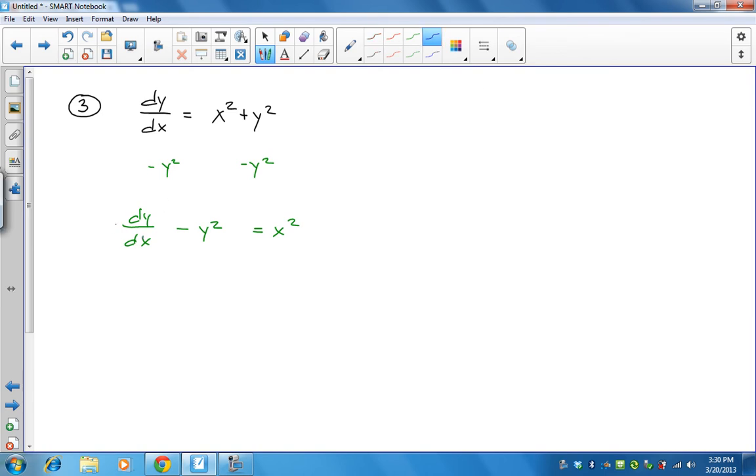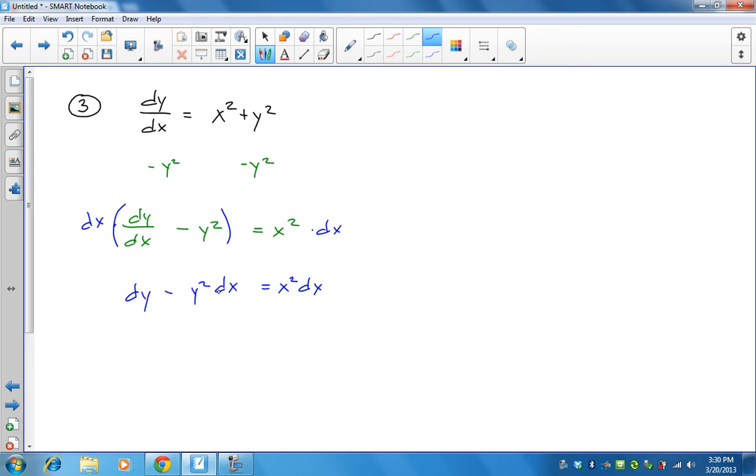If I tried to multiply by dx right now, that would give me x squared dx on the right side. But on the left side, since that's 2 different terms, I have to distribute that dx, and that would actually give me dy minus y squared dx, and it's not helping any.